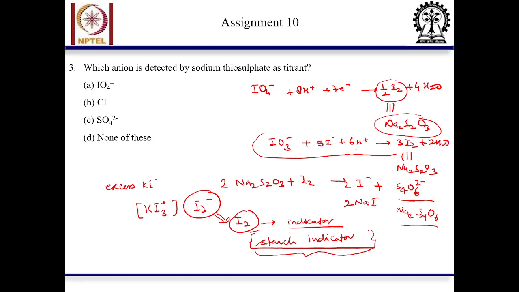So with the watch glass we keep it inside a drawer in the dark, and then we take out the solution and start the titration. And before the endpoint we have to put the starch solution. But I haven't come across using cold water for iodine. I will check and let you know in the next class if there is such a thing. Okay, so these are the things we have to keep in mind while performing this iodometric titration.